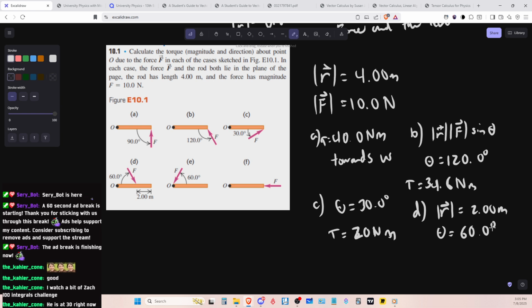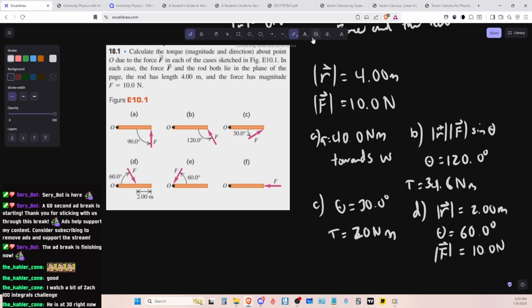The force doesn't change, so the force is still going to be 10 newtons.